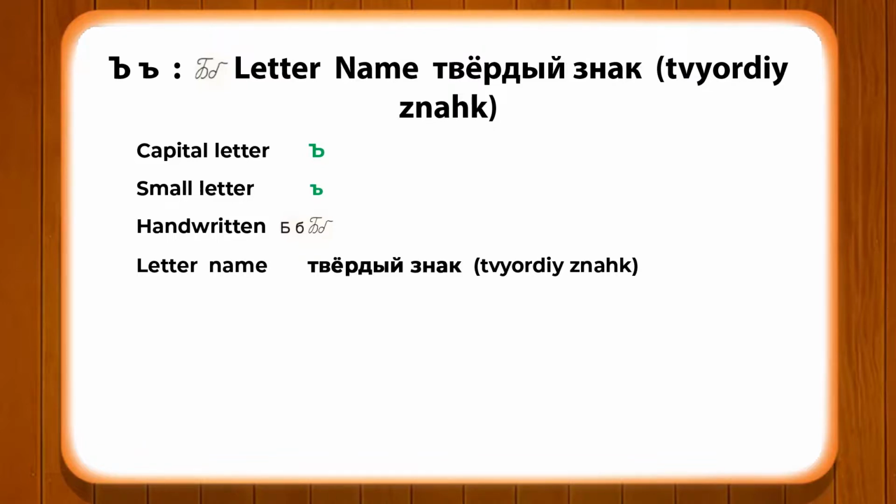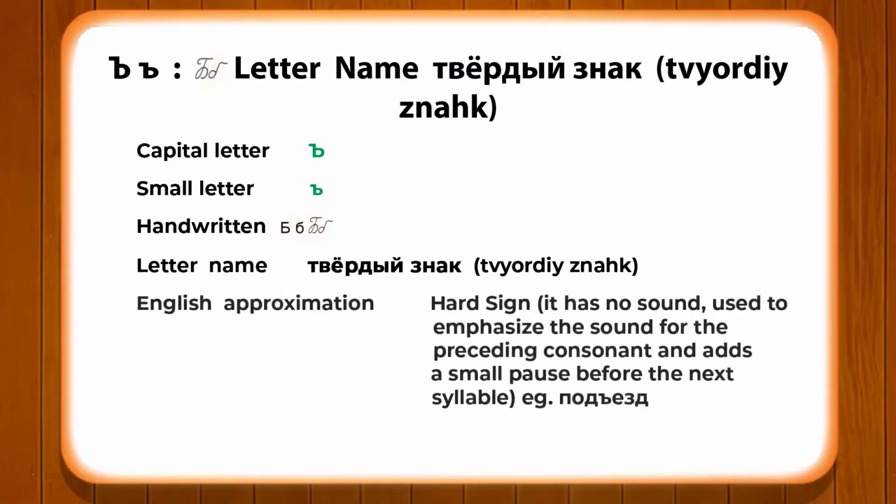We have this letter which is known as the hard sign. It has no sound. It is only used to emphasize the sound of the preceding consonant and adds a small pause before the next syllable. For example, we have used the word padyezd. That is why after the consonant we have a smaller pause here.